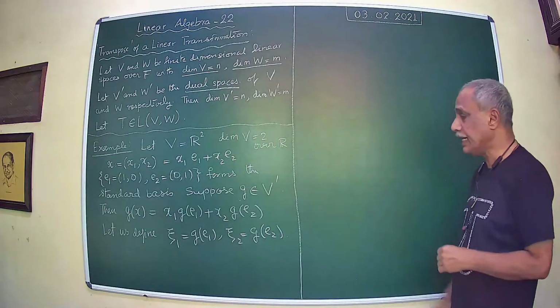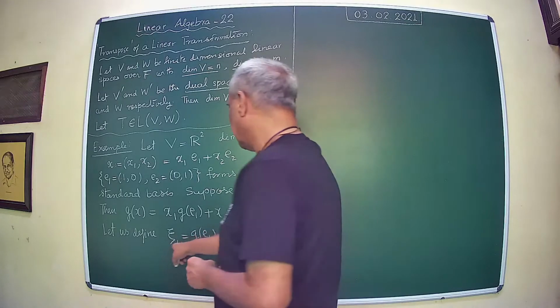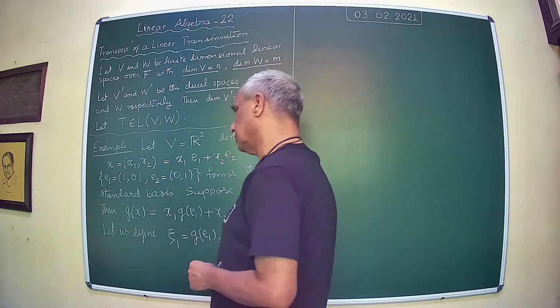So G is essentially represented by psi 1, psi 2 in R2.